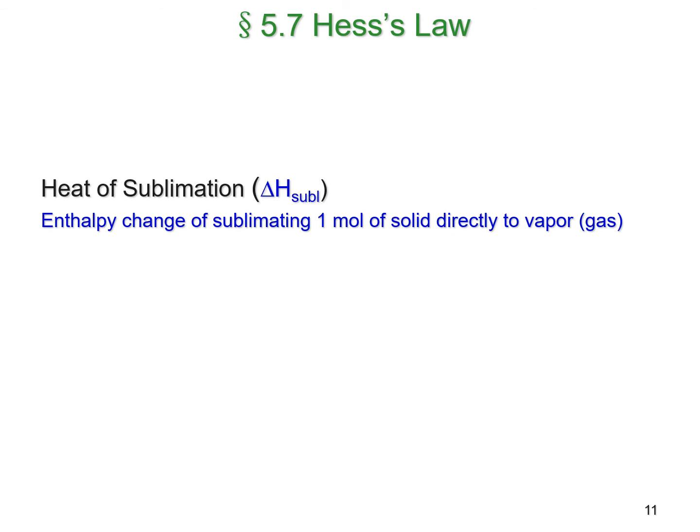I have to say, calculation for Hess's law constitutes, I'm not going to say half of the calculation problems, but at least 30 to 40%. So this is how much weight Hess's law has in this chapter in terms of calculation.